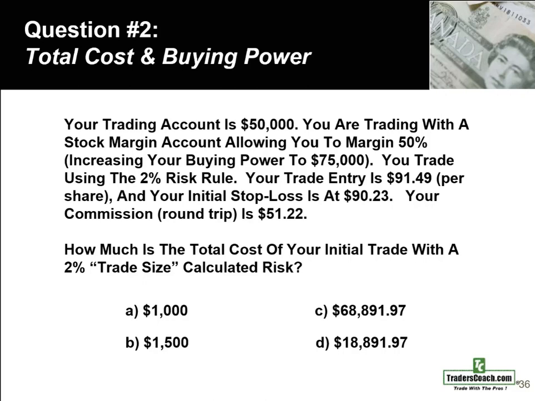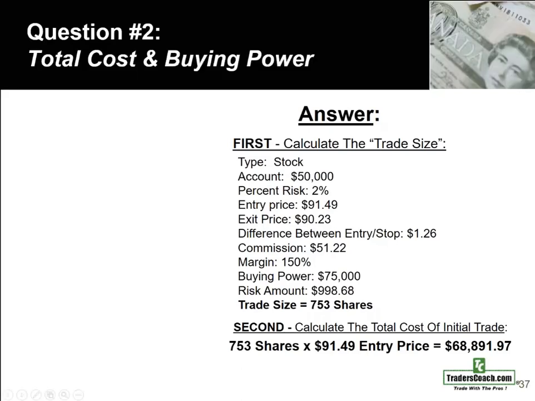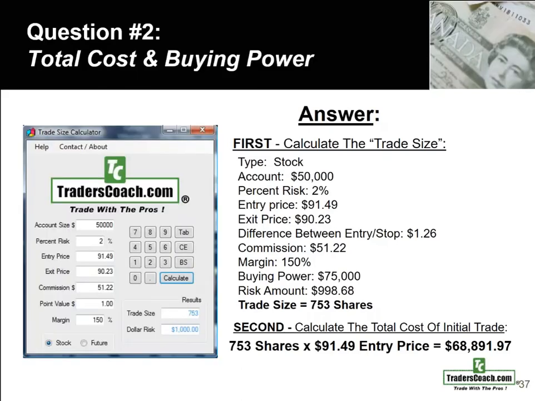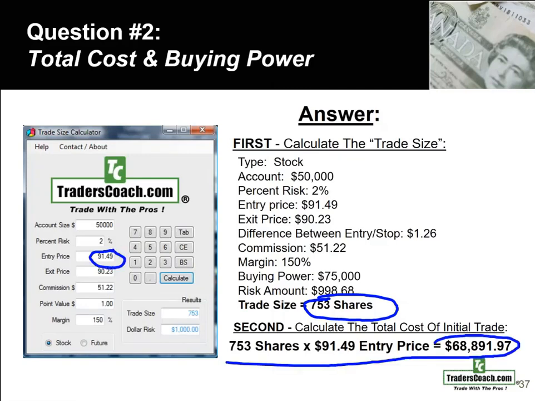Is the next question, and this is easy. Once you have calculated the trade size, which is here, remember we calculated that before, 753 shares, you just multiply that by the entry price, because that's how much it's costing. So your actual buying power used is 68,000.